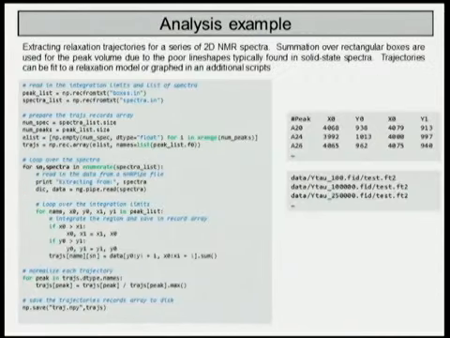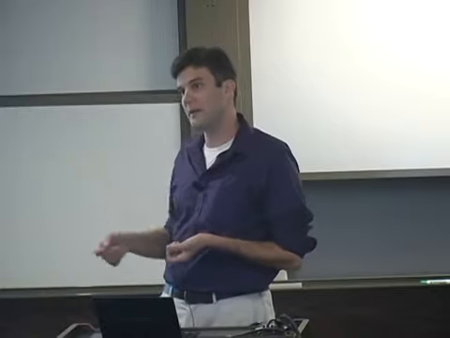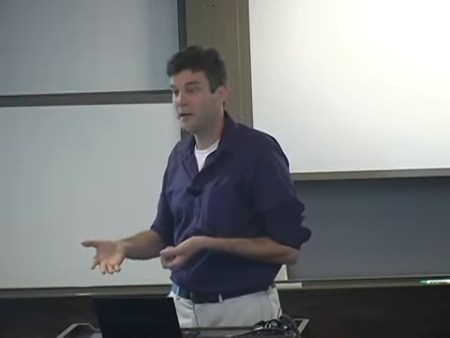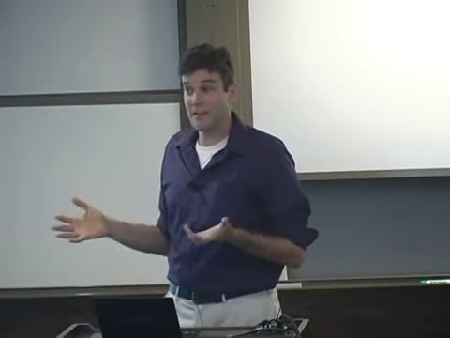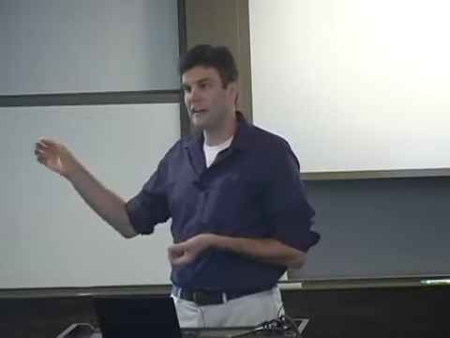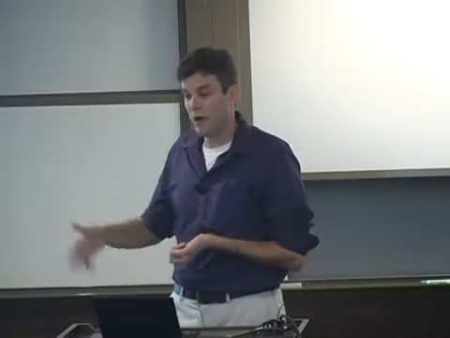We can also do some analysis. This is actually the original problem that eventually led me down the rabbit hole to write nmrglue. We had collected some relaxation data, so we just had a series of two-dimensional spectra. We wanted to see the peaks, and they should decay over time. We already had all the data, and we said, well, we'll just look at the heights of each of the peaks and watch them decay.